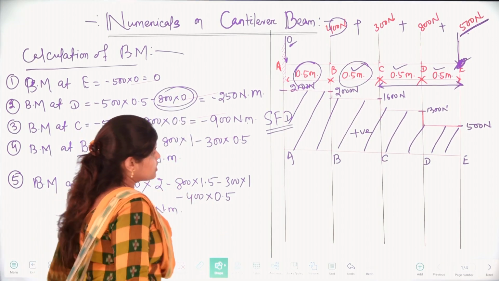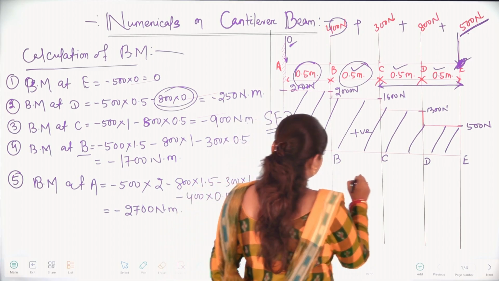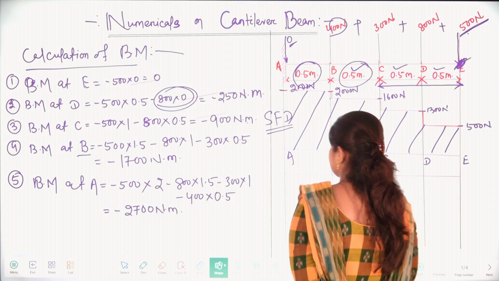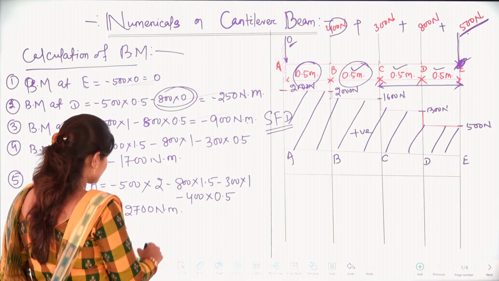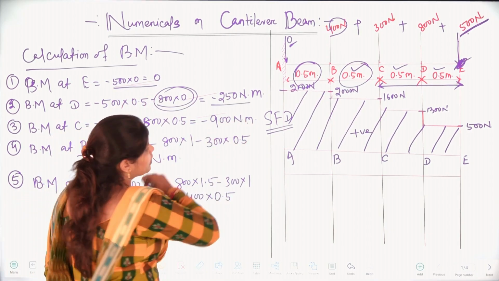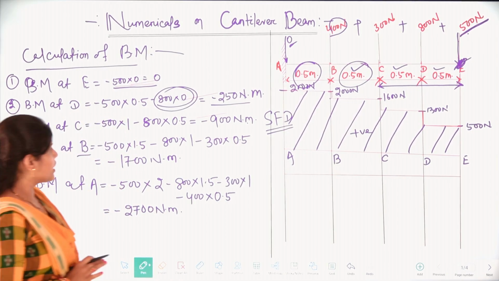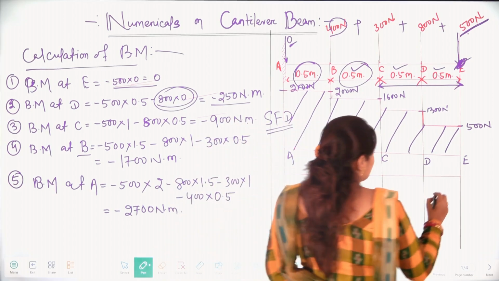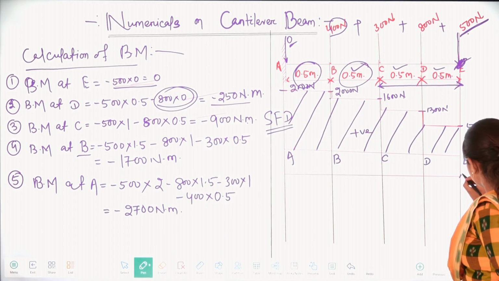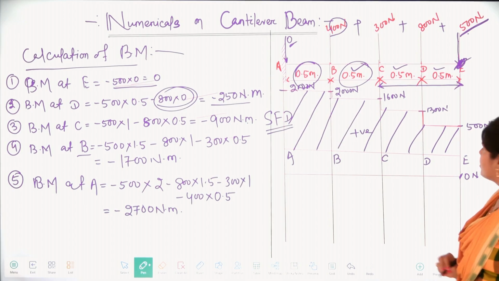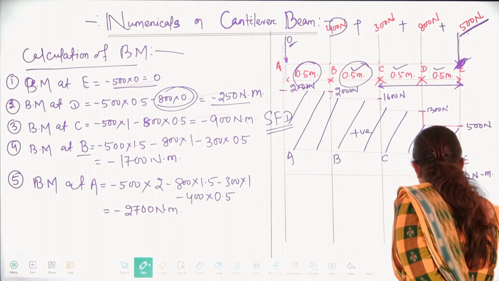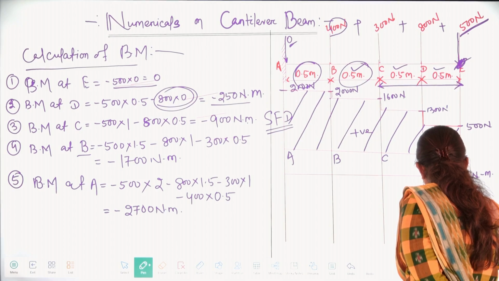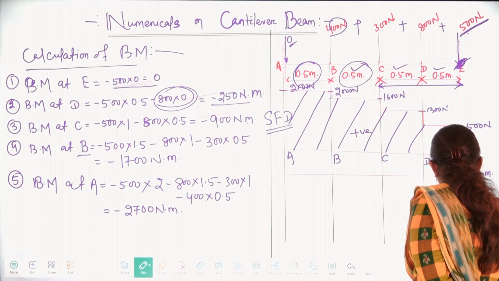So now let's draw the bending moment diagram at points A, B, C, D, E. As we are having the values in negative, so also we will get the diagram in negative direction. So you can see at point E, here we are having 0, you can write 0 Newton into meter. Next at point D, we are having minus 250 Newton into meter.